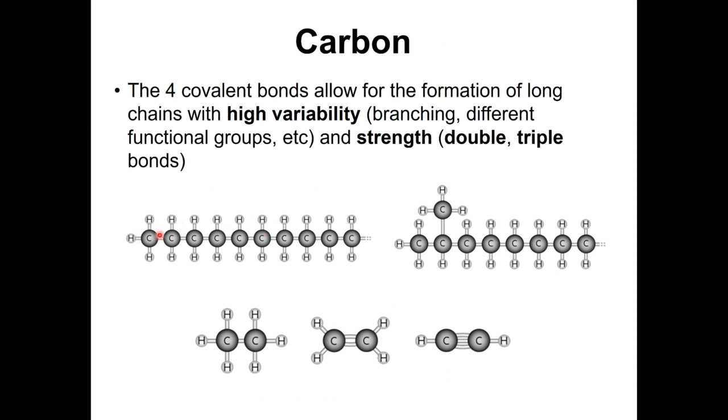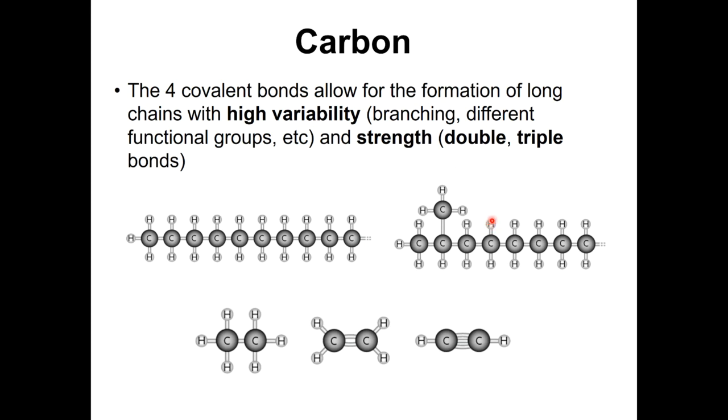What I mean by that is that if you look at this string of carbons here, this would correspond to a long molecule, and even though the carbons are attached to each other, they still have additional bonds that they can form by substituting these, for example, hydrogens, with other molecules. So carbon allows, because of the 4 possible bonds, the formation of long molecules that can still be modified in so many different ways by adding different groups, such as this methyl group here.